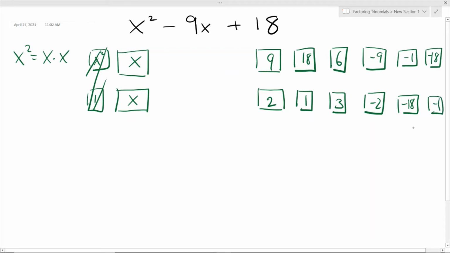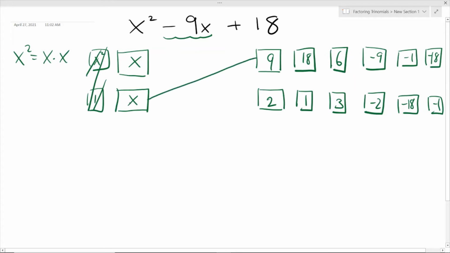So now we have all these options, all in boxes, and here we have negative 9x. Now we have to judge it based on this middle term, and we basically have to cross over.